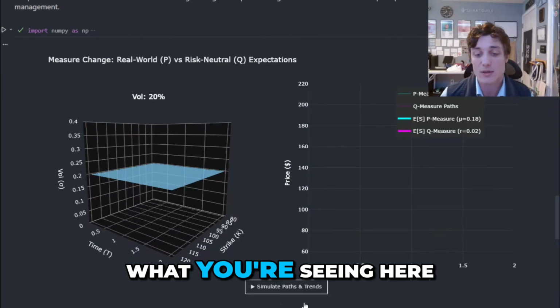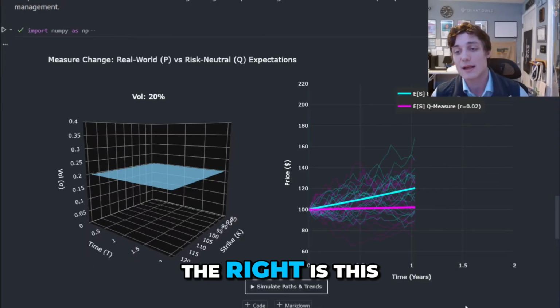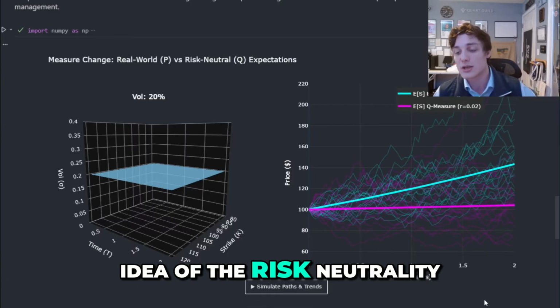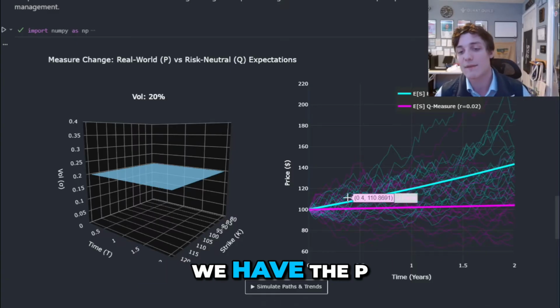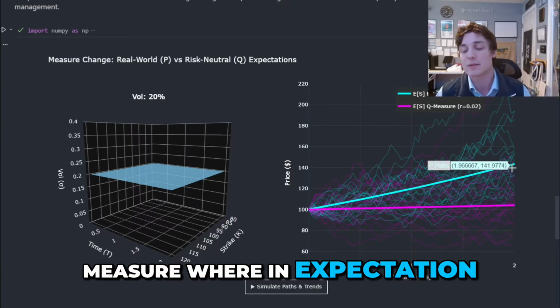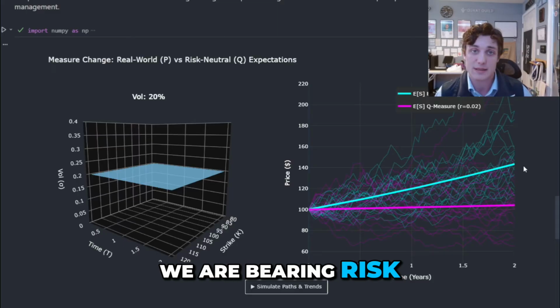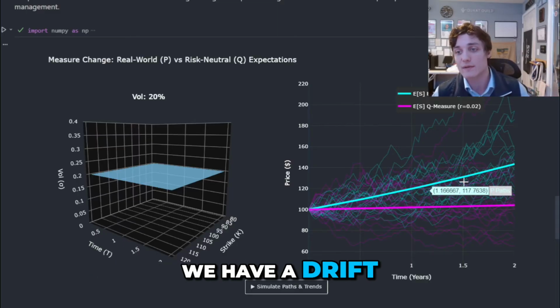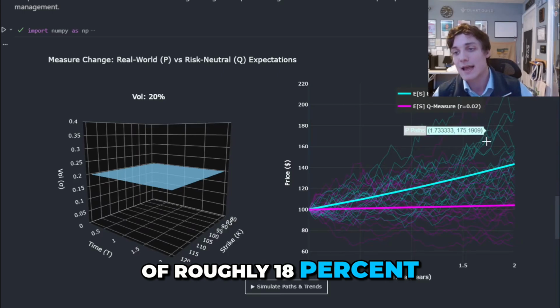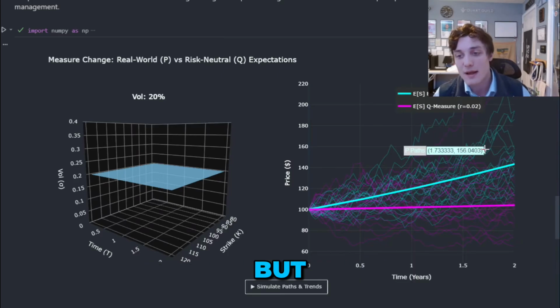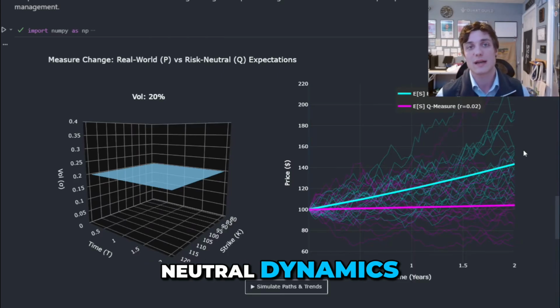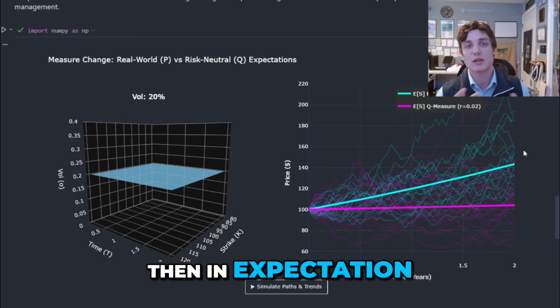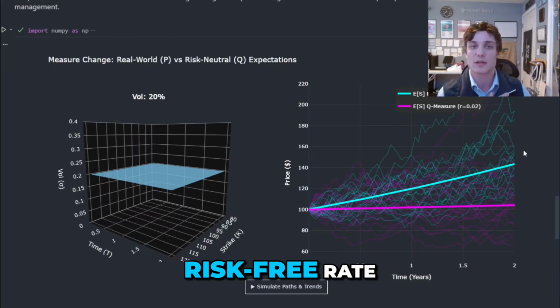Now, what you're seeing here in this simulation on the right is this idea of the risk neutrality. We have the P measure where in expectation we are bearing risk holding this underlying asset. We have a drift of roughly 18% in this example. But if we have risk neutral dynamics, then in expectation, we are just going to be earning the risk-free rate.